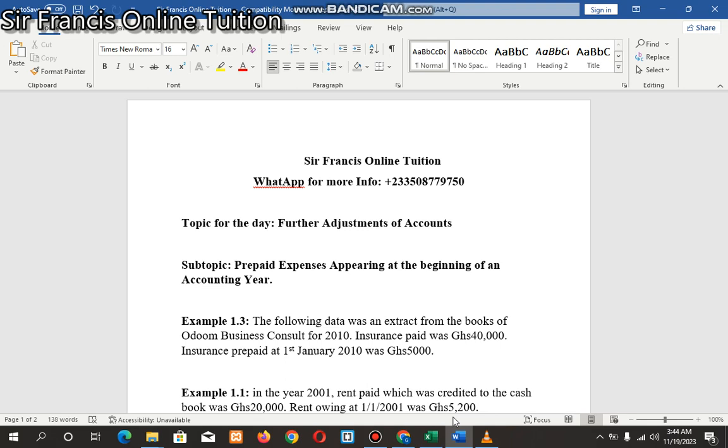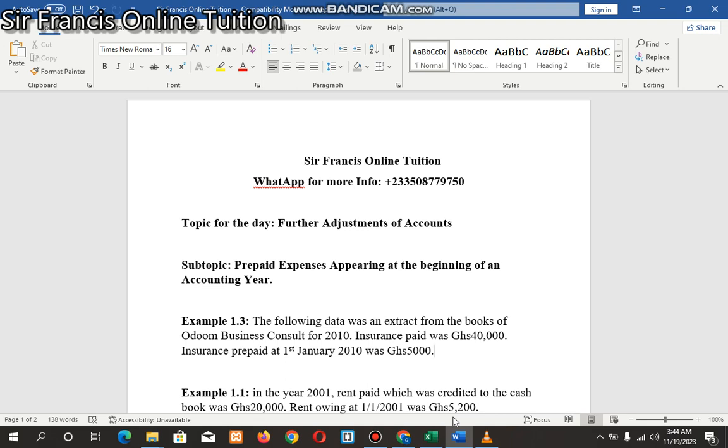okay, for the coming year should be added to the one that we've paid, or should be debited to that relevant expense account, because the business will consume the benefit of that expense paid in advance in the coming year or in the current year.